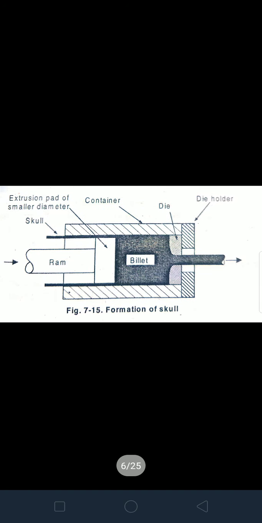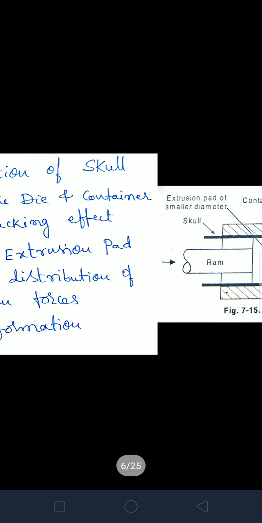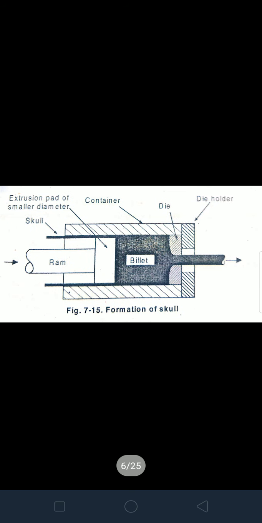Coming to the next defect, the skull: as we already showed, the chilled layer cools and the core material is pushed through the die, and it forms a skull or a cavity at the end of the die, extruded along with the product.